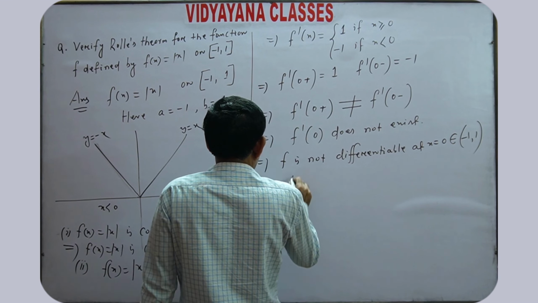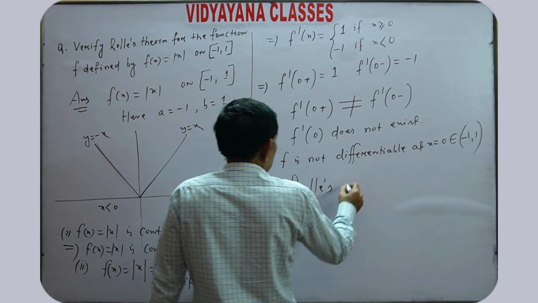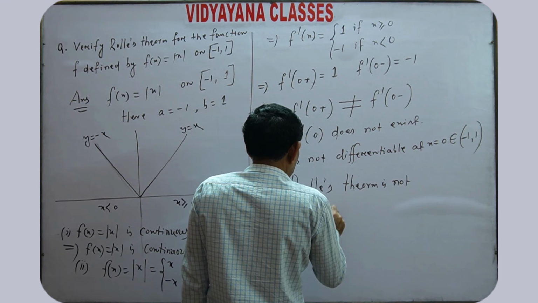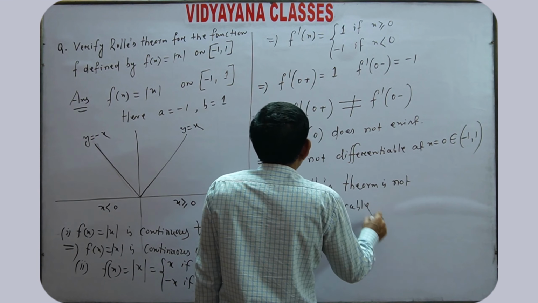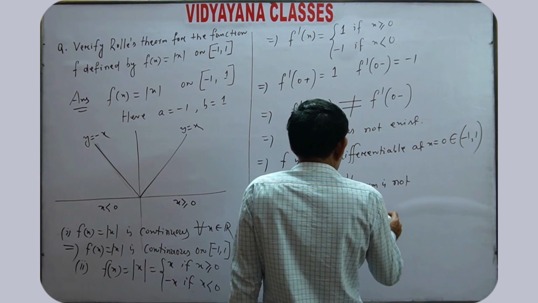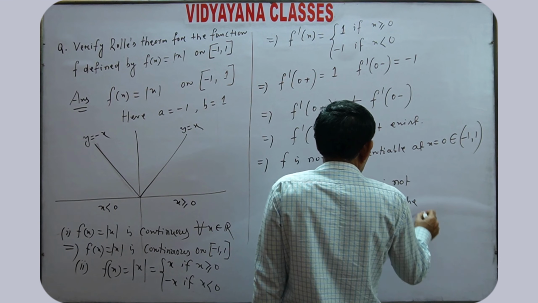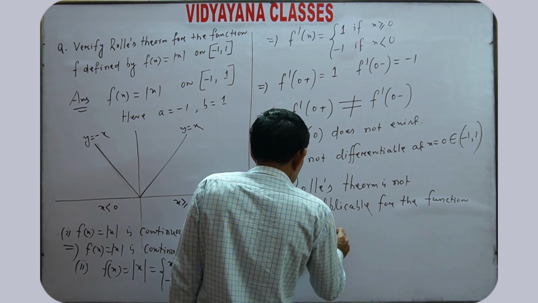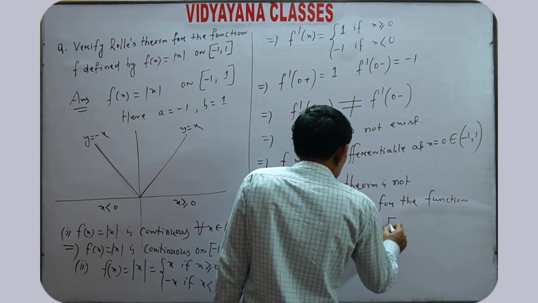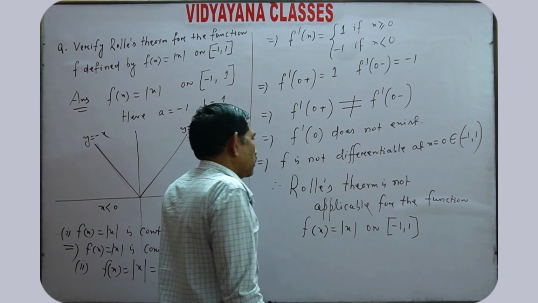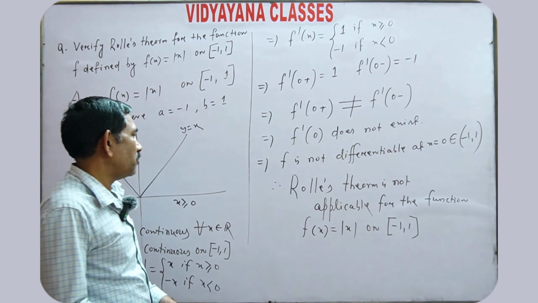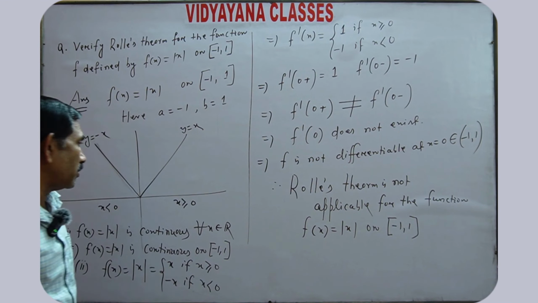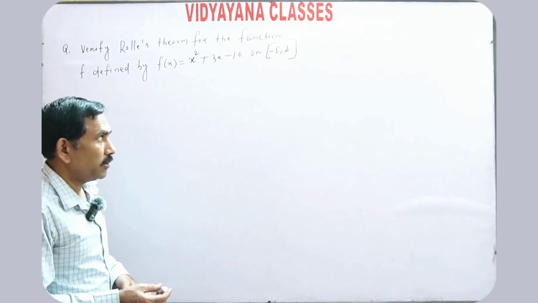Therefore, Rolle's theorem is not applicable for the function f(x) equal to mod x on the closed interval minus 1 to plus 1, since the second condition is not satisfied. Clear? Next question.